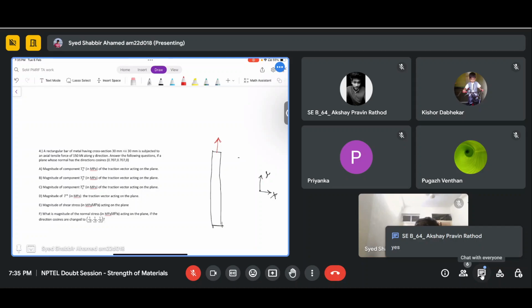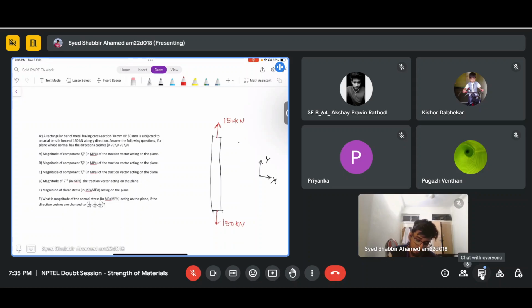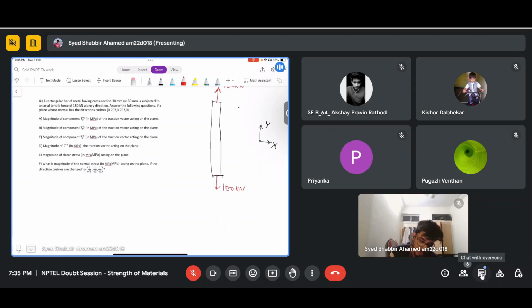And it has a tensile load of 150 kilonewton acting like this.